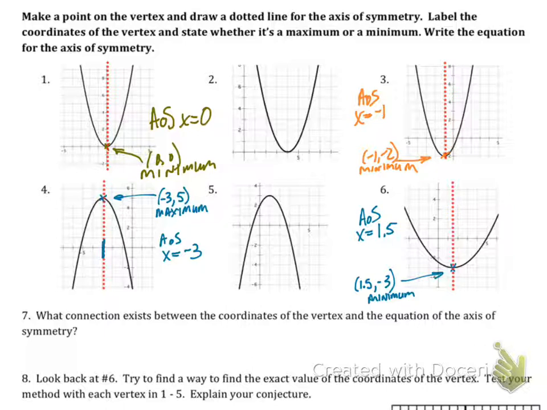There is a relationship between what you see in the vertex and our axis of symmetry. And it's no coincidence. The x value for the vertex is also our axis of symmetry. We're going to play around with that in a little while.